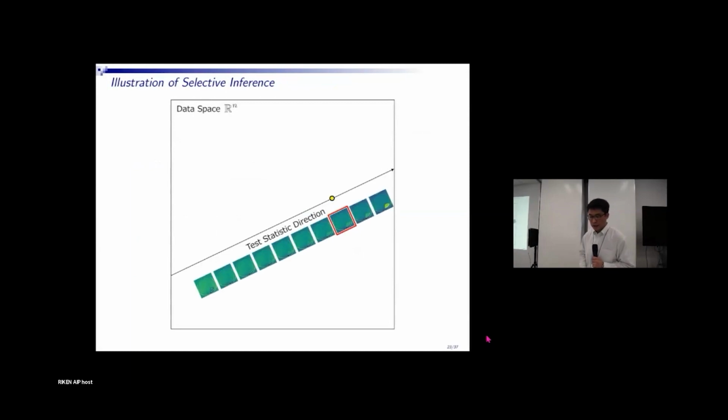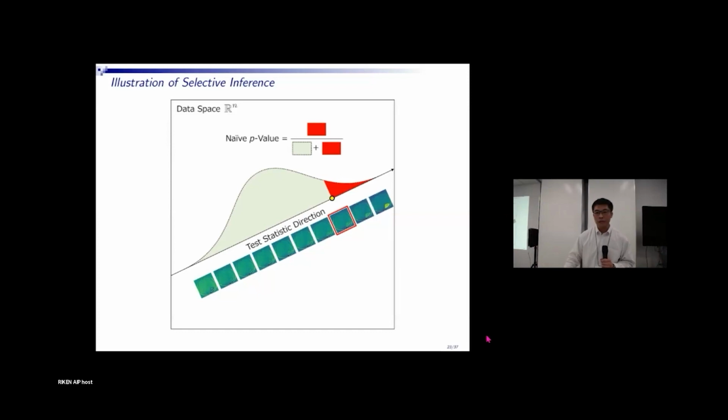And in the test statistic direction, we can have this kind of sequence of images. And in this test statistic direction, we have the distribution. And the ordinary p-value is something like this: the probability that a more extreme situation arises than the observed one. This is the ordinary p-value.